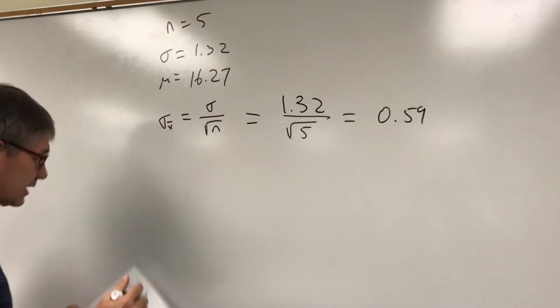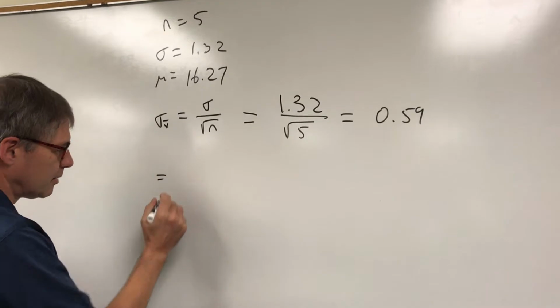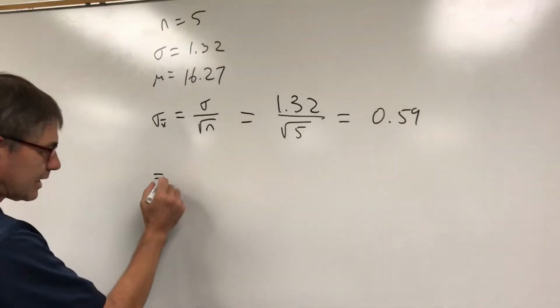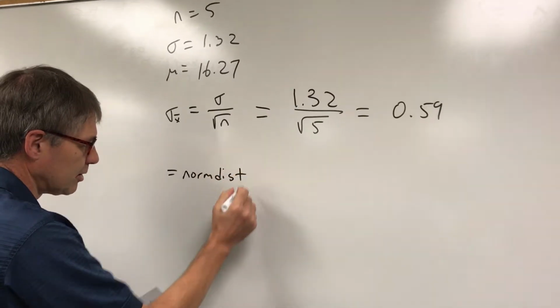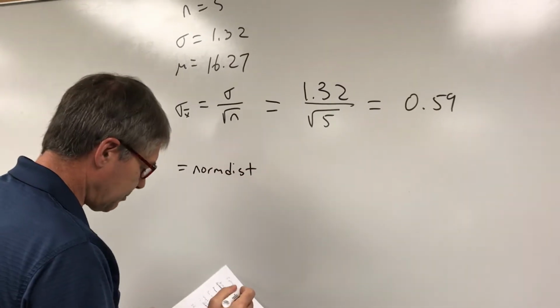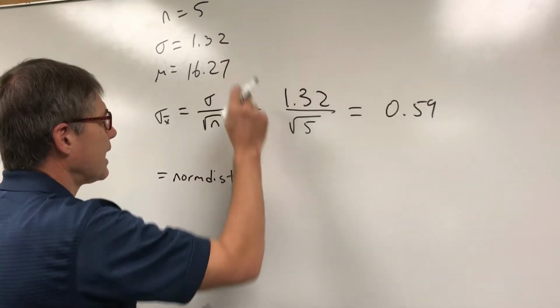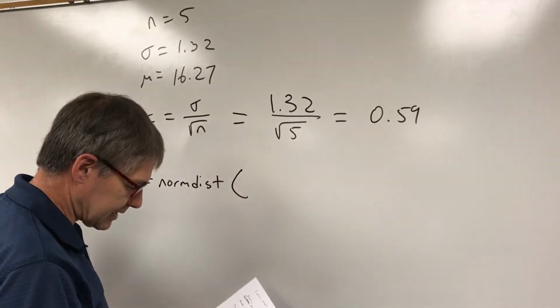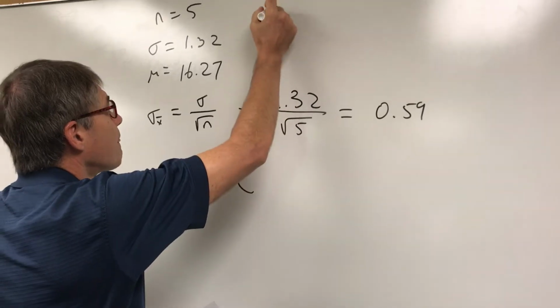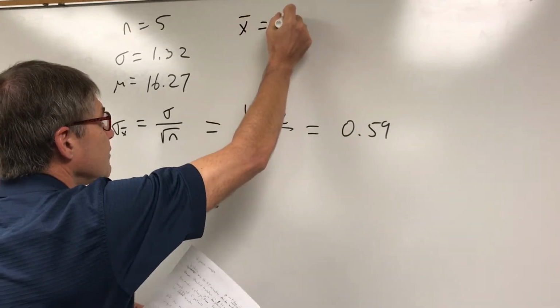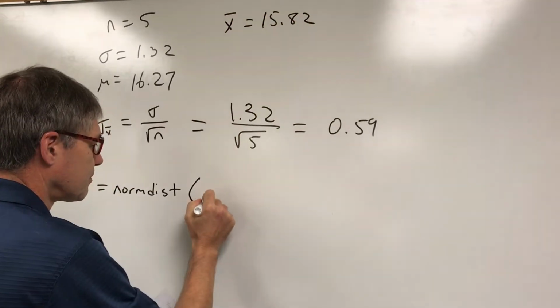Now if I were to go to Excel, remember, welcome to that video, instead of putting in just plain x, I put in my x average, which is the new number. It says 15.82.